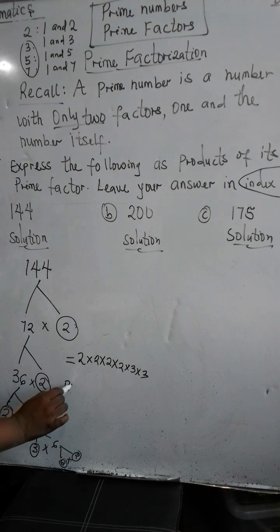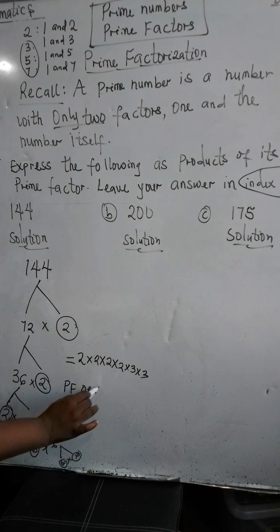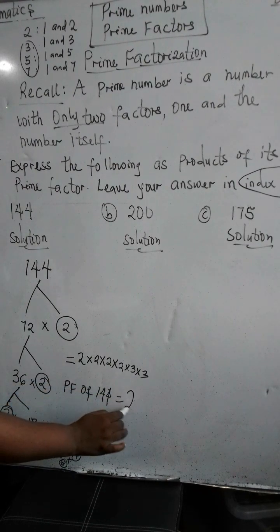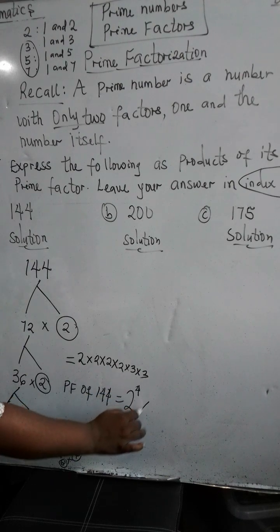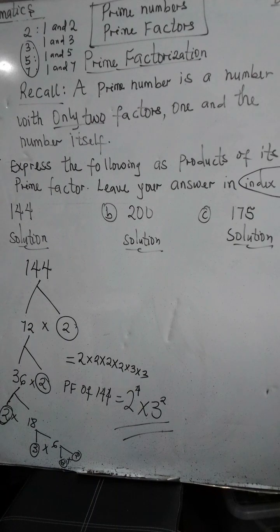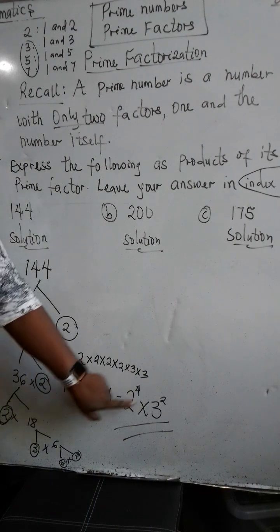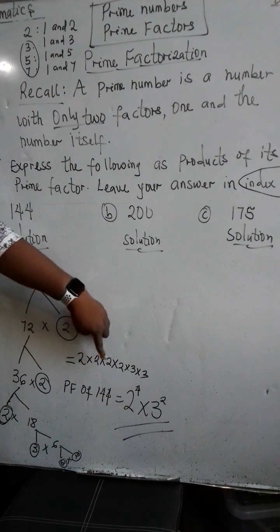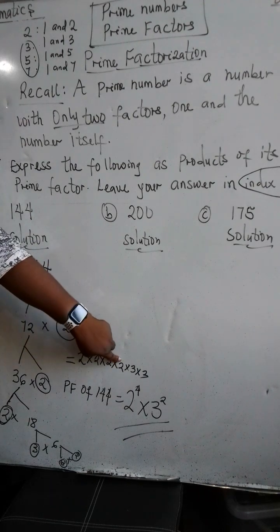So say the PF of 144 is 2 to power 4 times 3 to power 2. You can see that this 2 to power 4 is the same thing as saying 2 times 2 times 2 times 2, right?